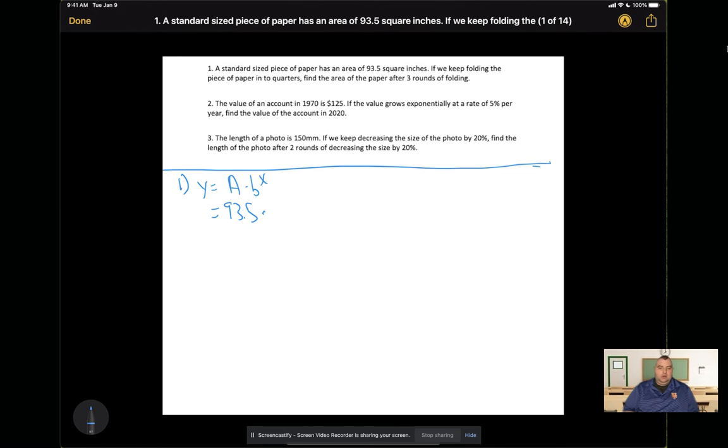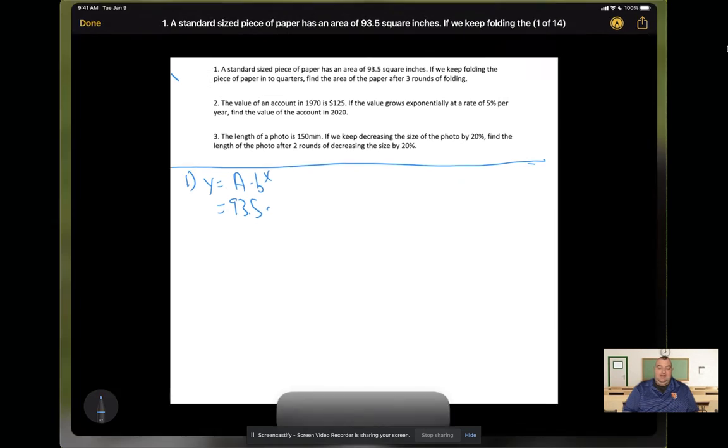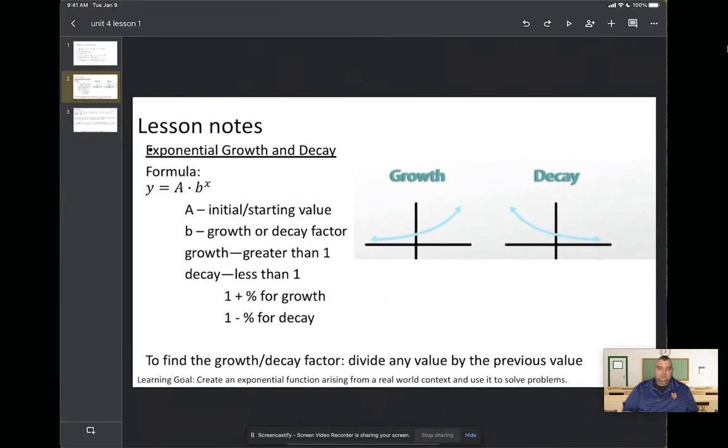And your B value is your growth or decay factor. We're folding the paper into quarters, which means the paper is getting smaller, so it's going to be a decay factor, which means it's got to be less than 1.